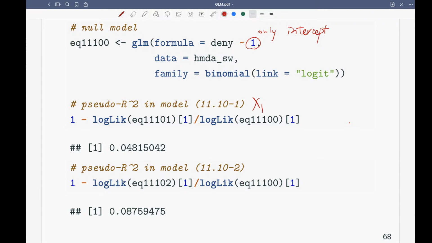If we use two regressors, the pseudo R-squared is about 8.8%. So they are different. The pseudo R-squared in model 2 is greater than in model 1. So we should use the model 2 regressors to do our analysis.